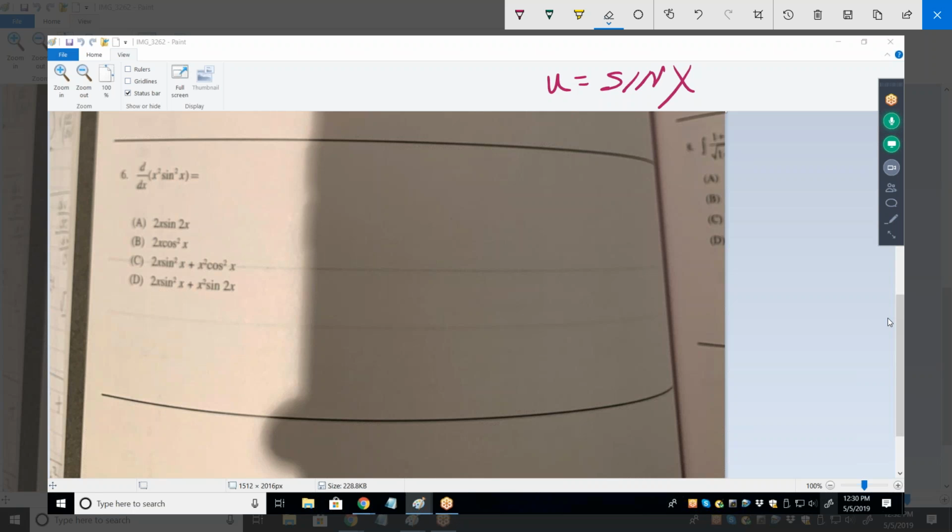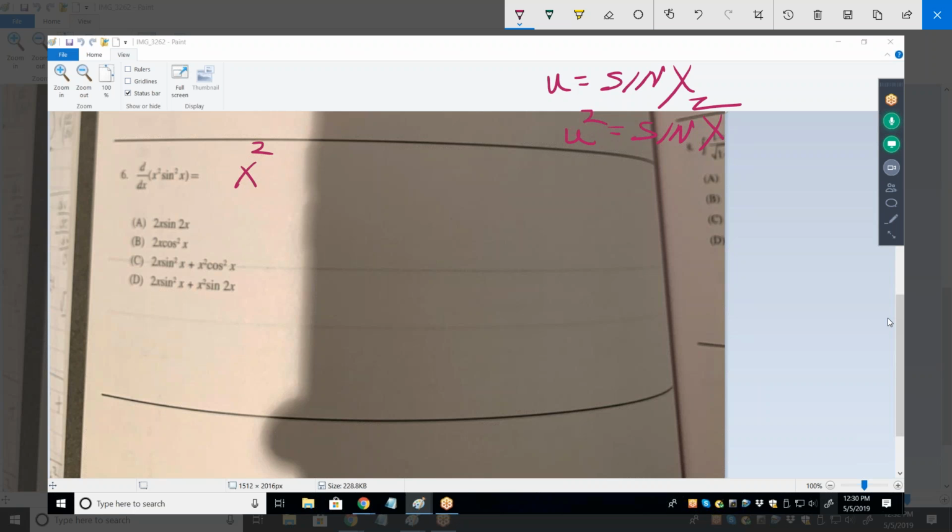So then x squared times cosine squared x plus, if u is going to be sine x, then this thing we're looking at is u squared. How would you differentiate u squared?